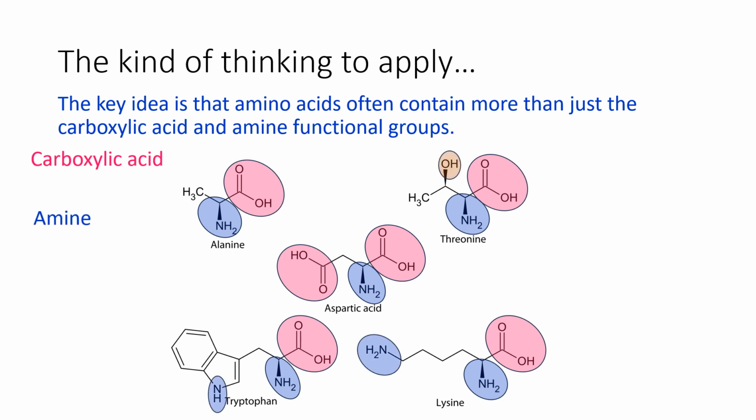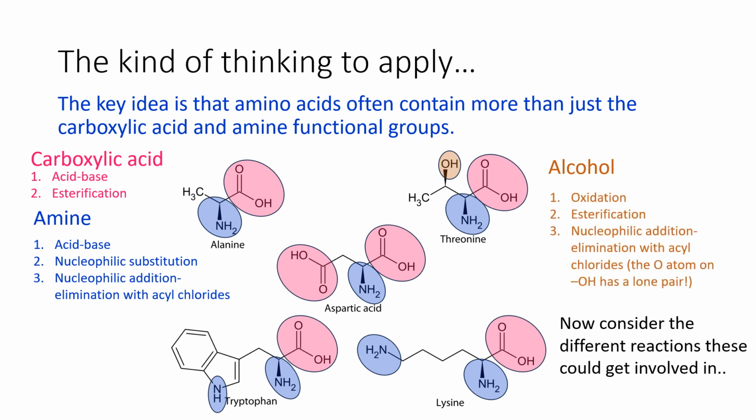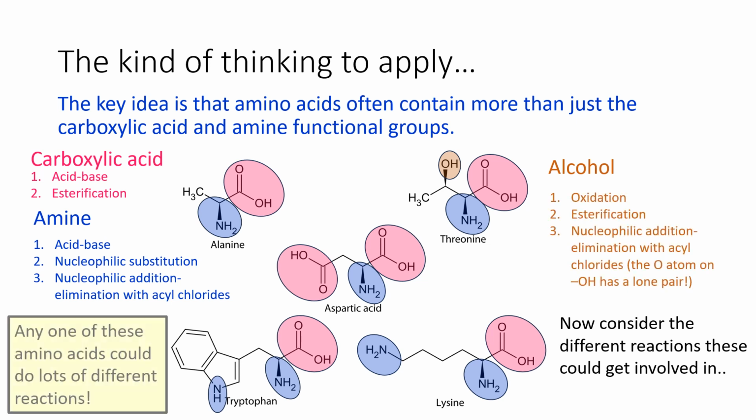And in one of them you've also got an alcohol, an OH group. So let's have a think about the different reactions these could get involved in. Already you can see that any one of these amino acids could do lots of different things.